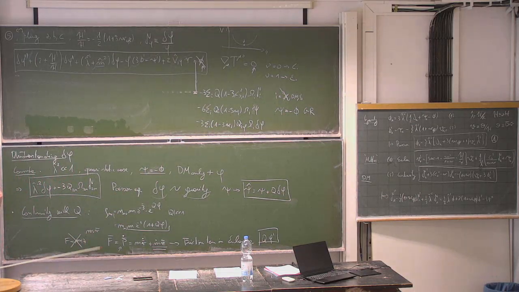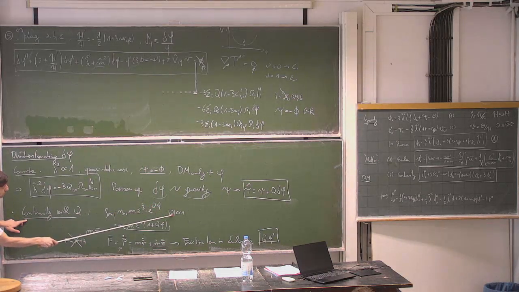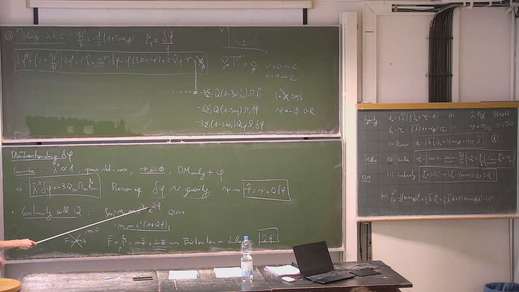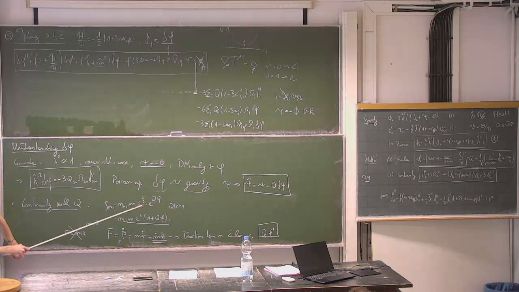Then we have to not forget that whenever we have coupling, also the mass of the particle is evolving. Because when we evaluate the continuity equation, yes, we have a contribution due to the expansion of the universe that dilutes the density with a power of a to the minus 3, but there is this exponential. We're now using Q much smaller than 1, just to not screw up all local gravity experiments.